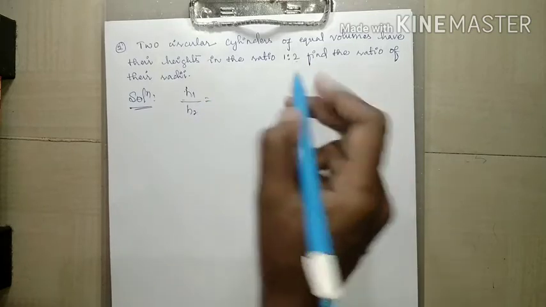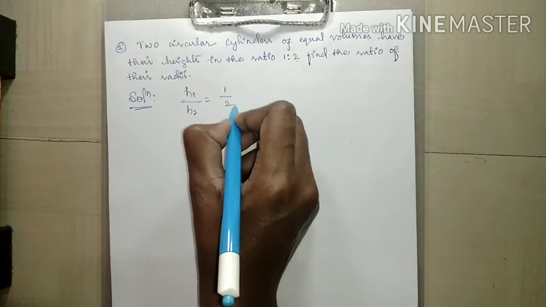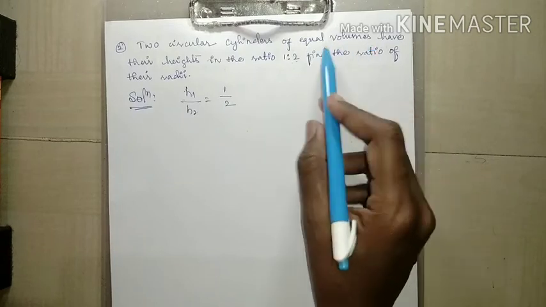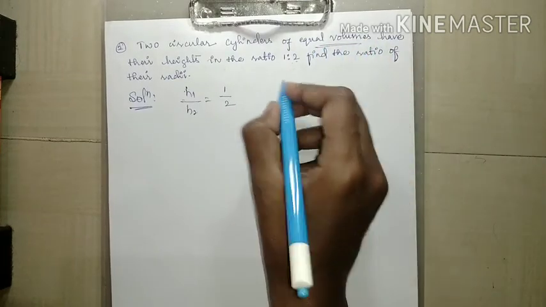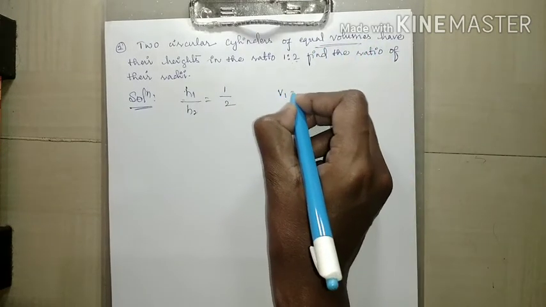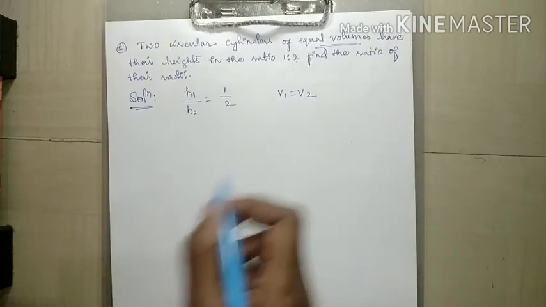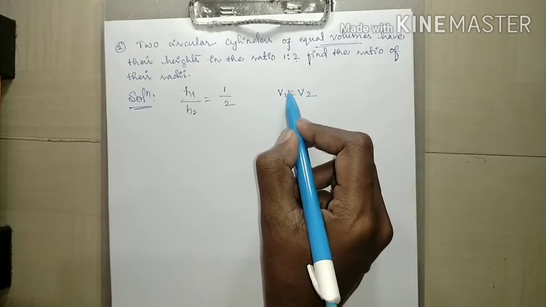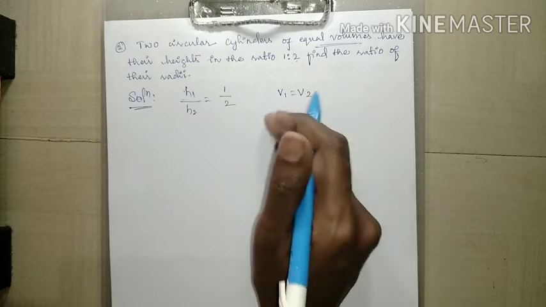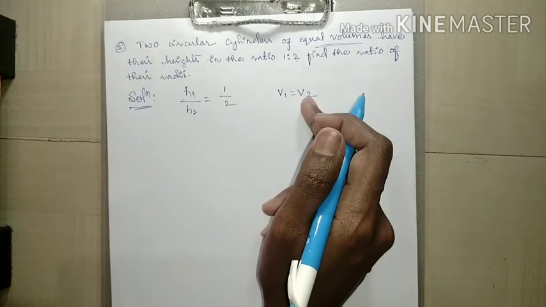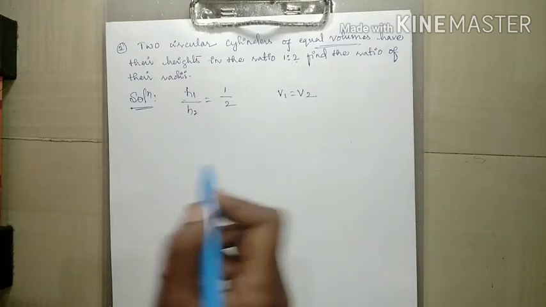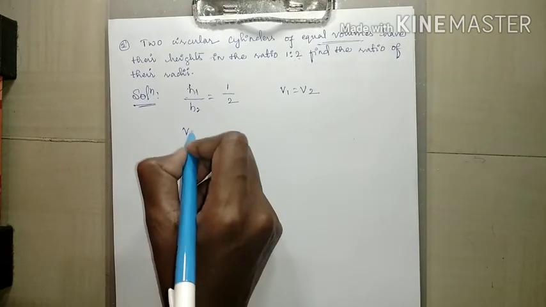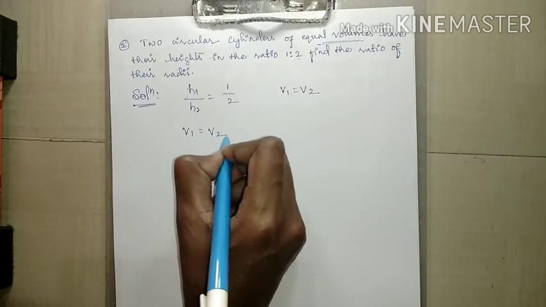Ratio is given 1:2, that is 1 by 2. And equal volumes, so V1 equal to V2, the volume of the first cylinder and the volume of the second cylinder are equal.